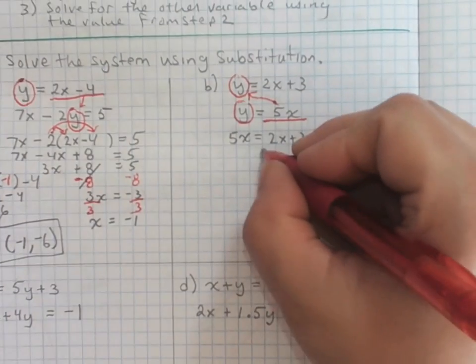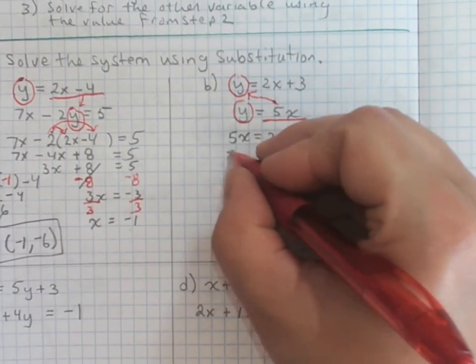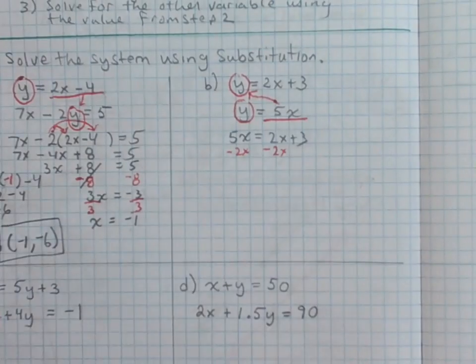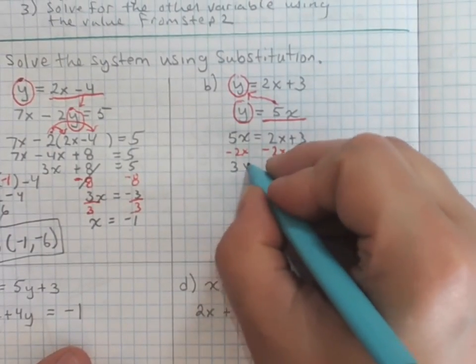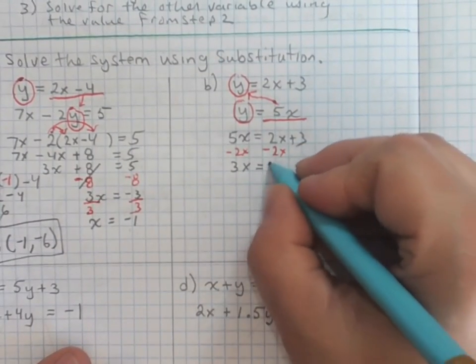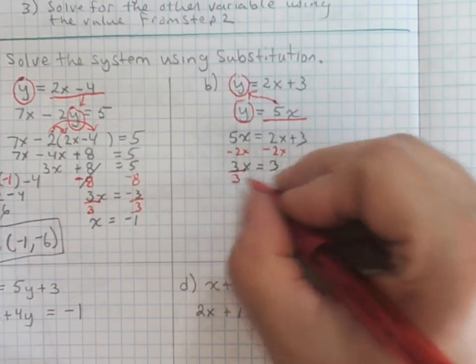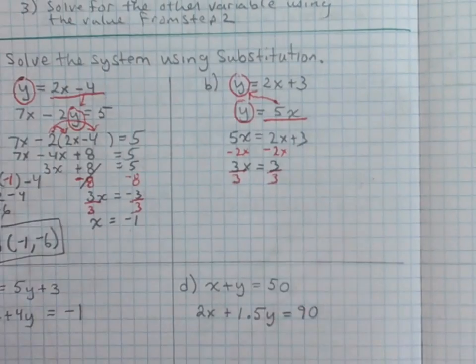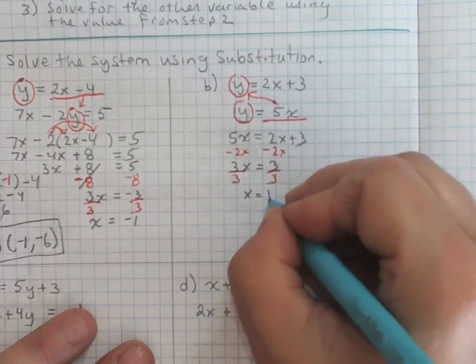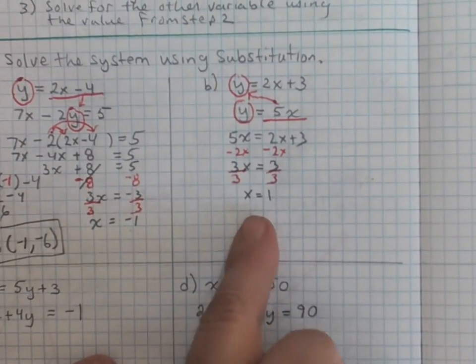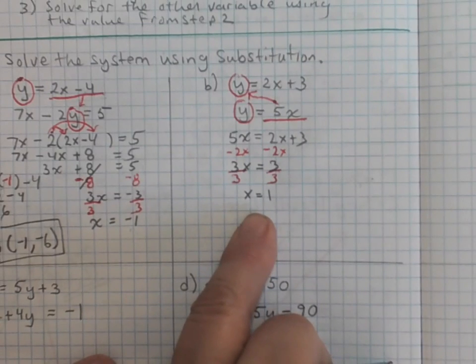So I'm going to subtract 2x from both sides. It's 3x. And divide both sides by 3. X equals 1. Now we're going to need that variable, so we're going to do step 3 now.